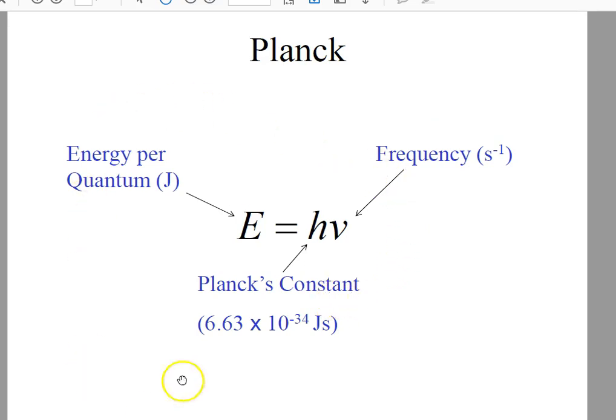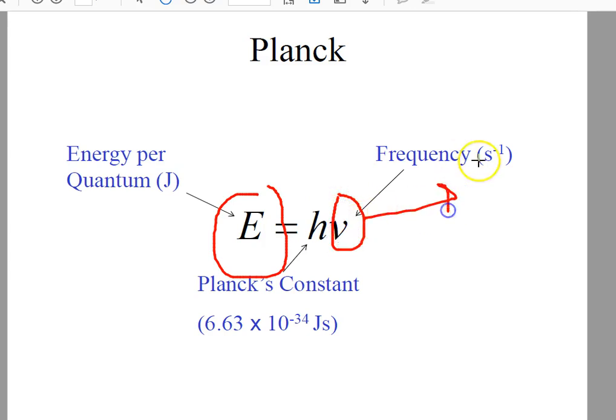So he comes up with this equation, and here you have energy, which is our E, and then frequency, which we've already looked at as ν. Now remember, we know that frequency is related to wavelength by this equation. So if we knew the wavelength, we could find the frequency and plug it in here, right? And then frequency is related to energy. So we said when the wavelength goes up, the frequency goes down, and vice versa.